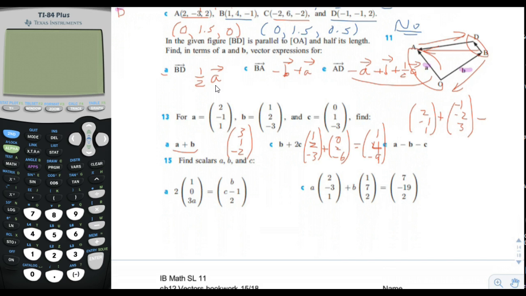And then minus C would be (0, -1, 3). Now I'm just going to add everything together. It's a little easier to add than to subtract. So 2 minus 1, 0 is 1. -1 minus 2 minus 1 is -4. 1 plus 3 is 7. Okay? (1, -4, 7).